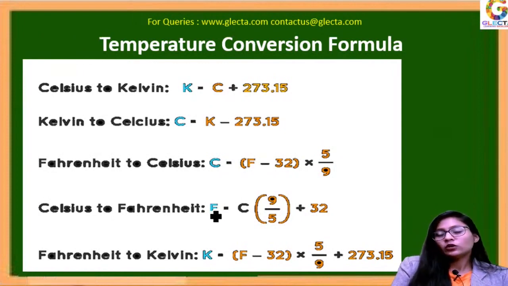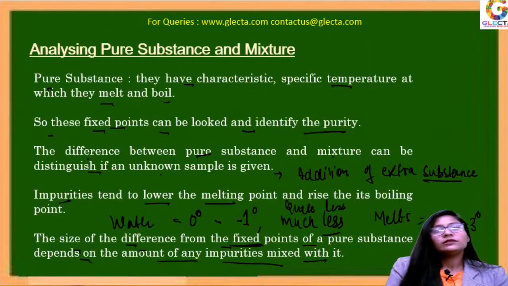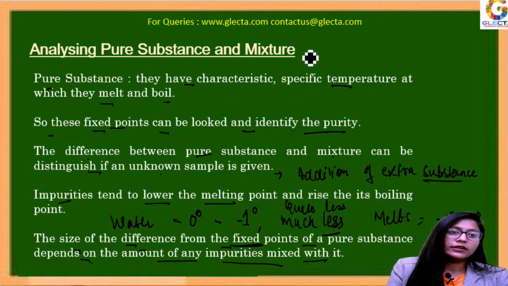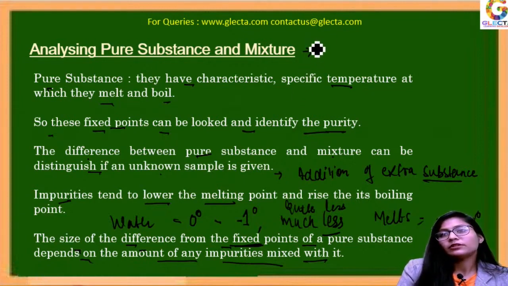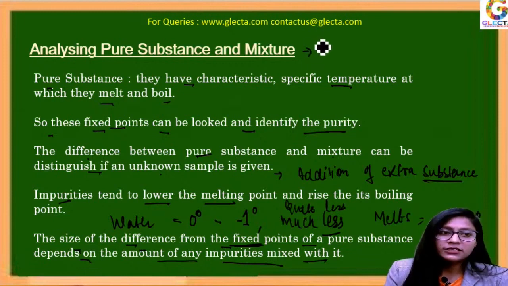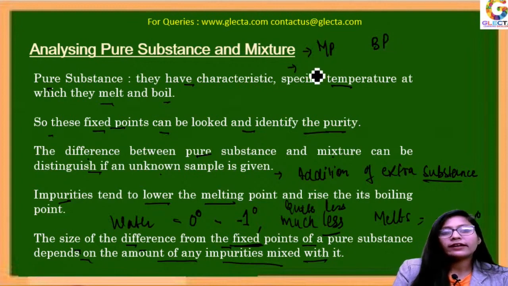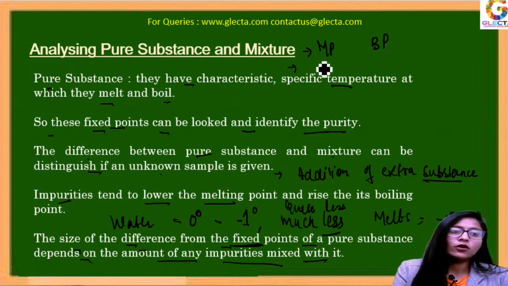Yes. I want to give you more examples of this, and I want you to find some more examples of pure substances with their melting points and boiling points. This is your home assignment, or you can do some more research on it.